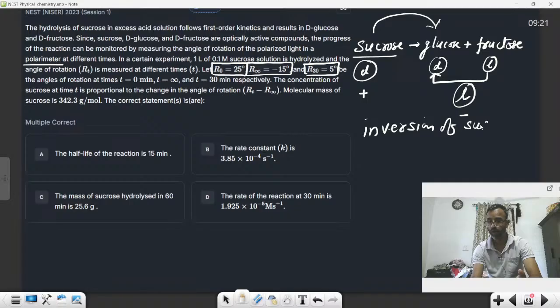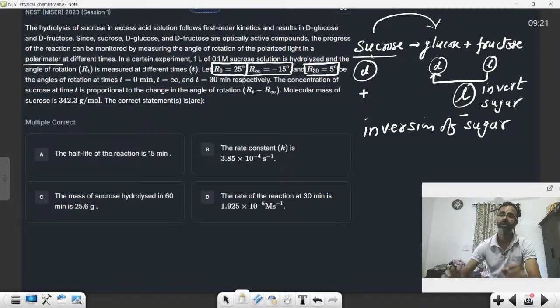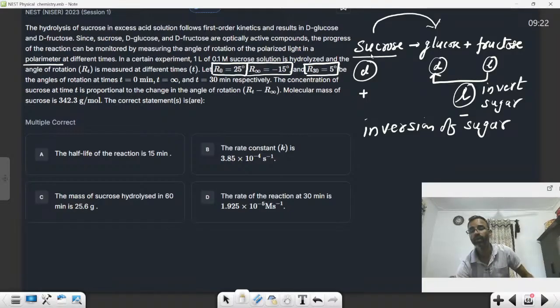Inversion of sugar or inversion of sucrose, and the mixture of glucose and fructose, that is called invert sugar, because in sucrose there is 1 unit of glucose and 1 unit of fructose. Okay, and after completion of the reaction, the glucose and fructose we will get, the overall rotation becomes levo, dextro to levo. That's why it is called inversion of sucrose, inversion of sugar, or simply hydrolysis of sucrose.